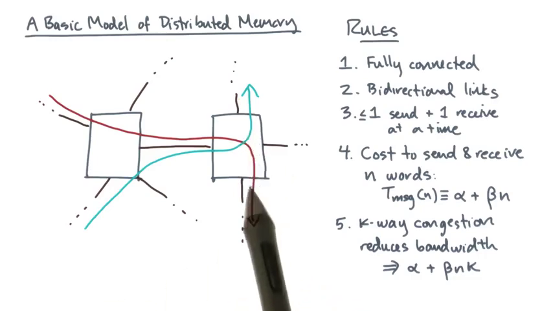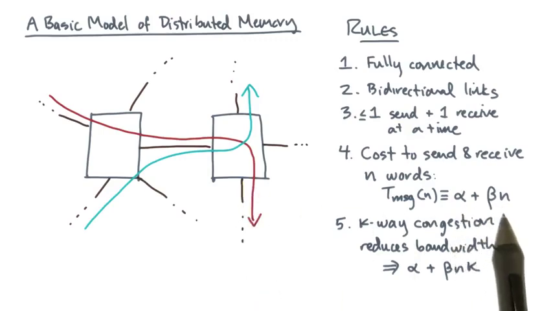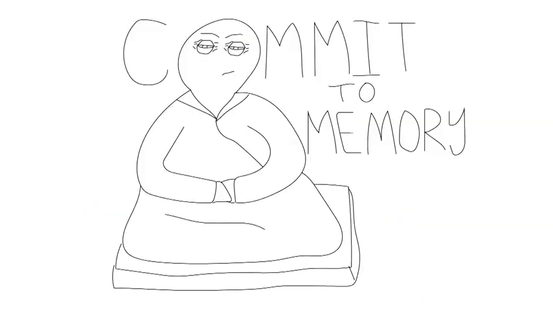So if these two messages are being transmitted in parallel, instead of observing a parallel execution time of alpha plus beta n, supposing that the messages are the same size n, what you'll see instead is a cost of alpha plus beta times n times 2. Okay, so take a second to look at these rules and commit them to memory.